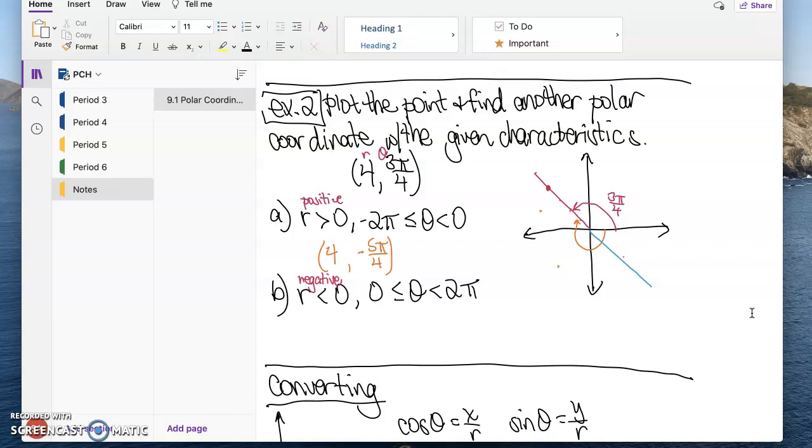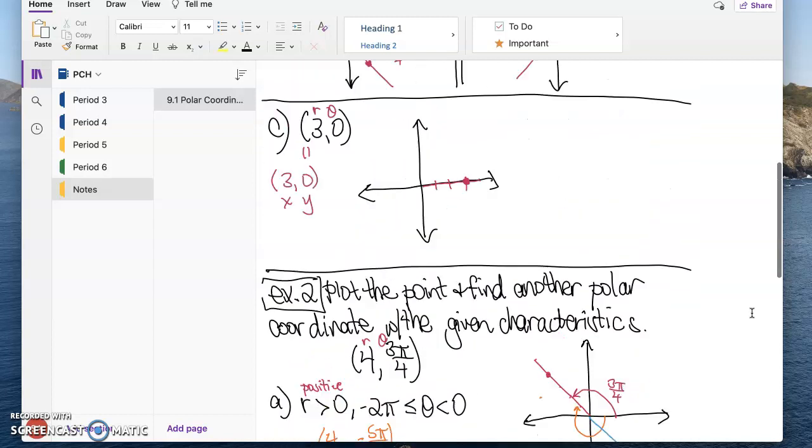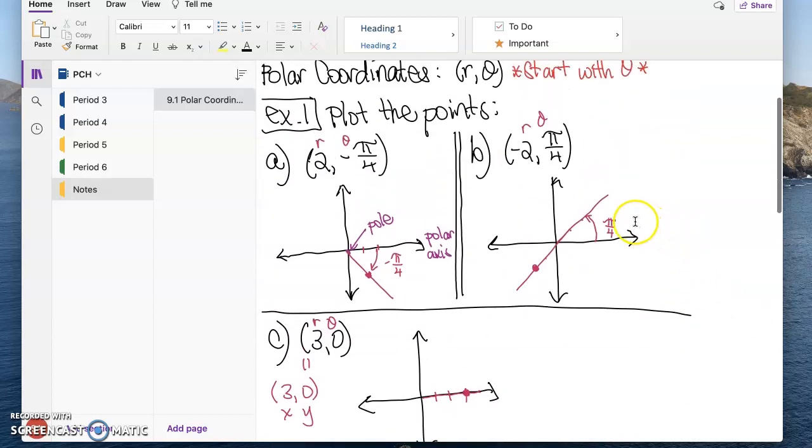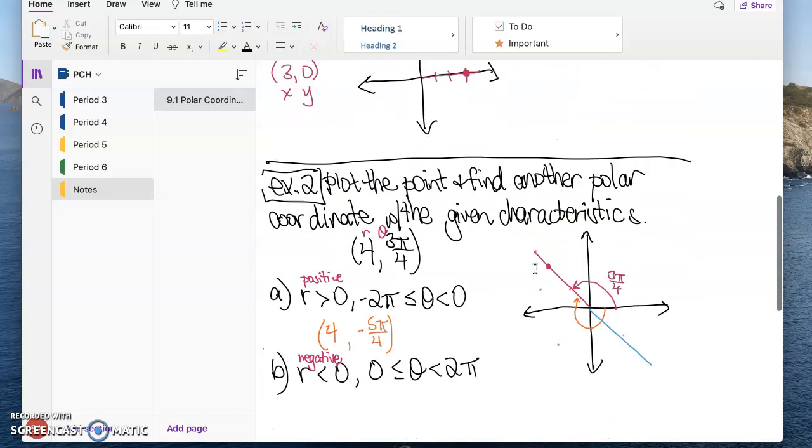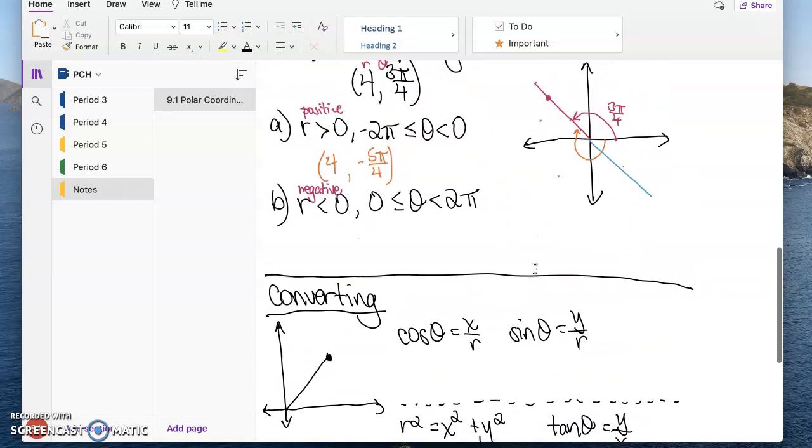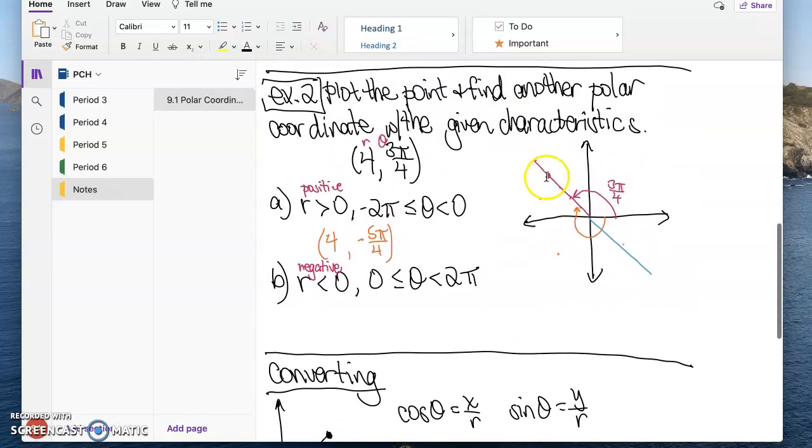Remember what we did on part B? We did our rotation, right? And then we flipped into the opposite quadrant. So over here, if I know I want to land here, but my radius is negative, that means I started here and flipped to land there. So my angle should be positive, between 0 and 2 pi.